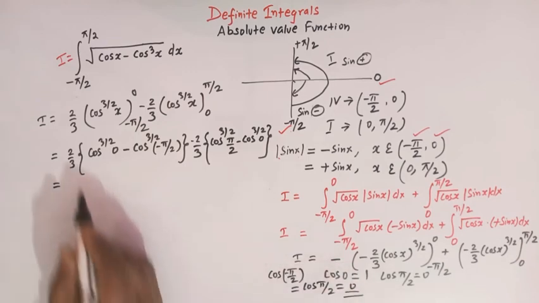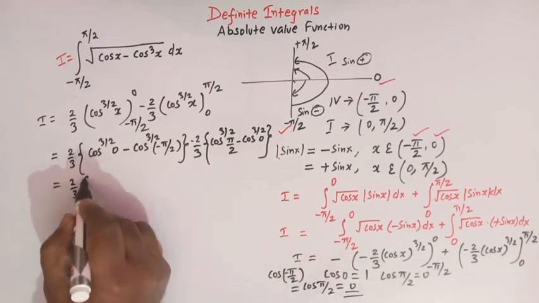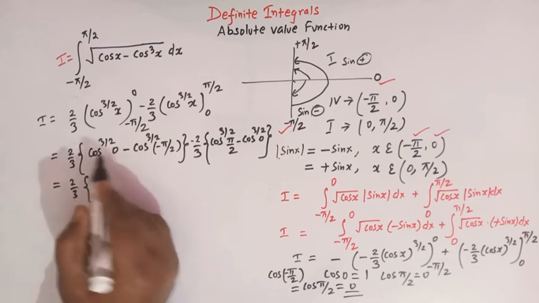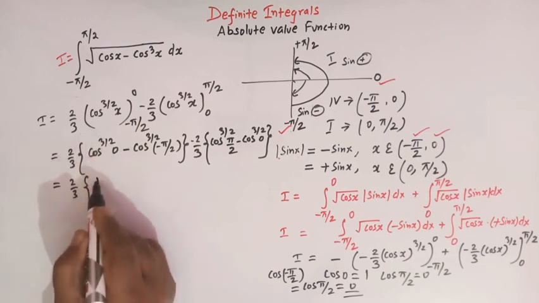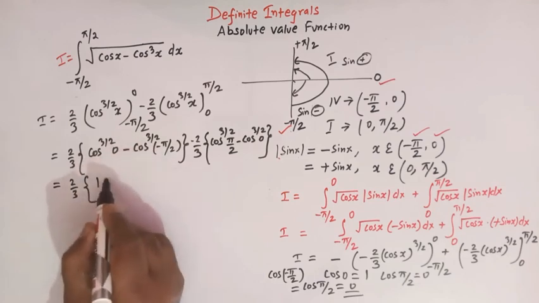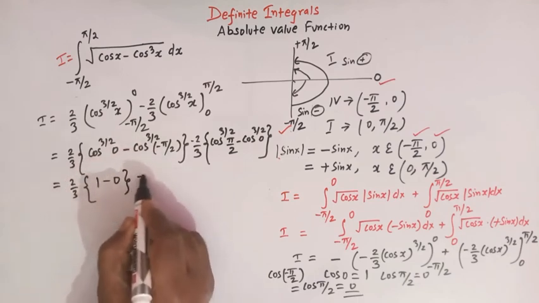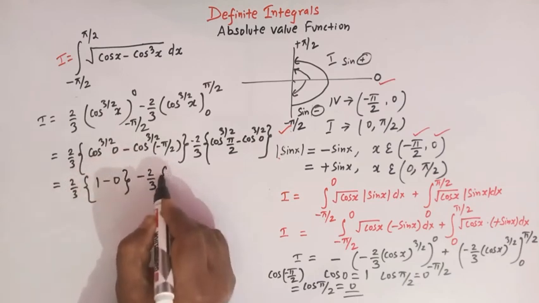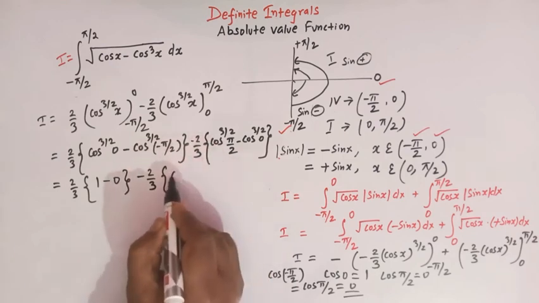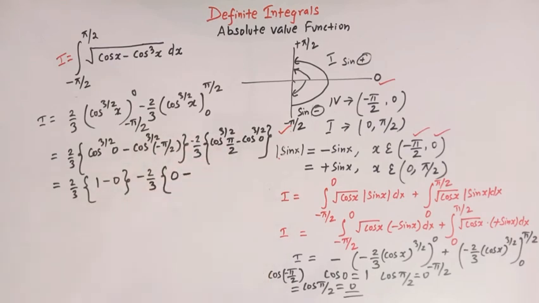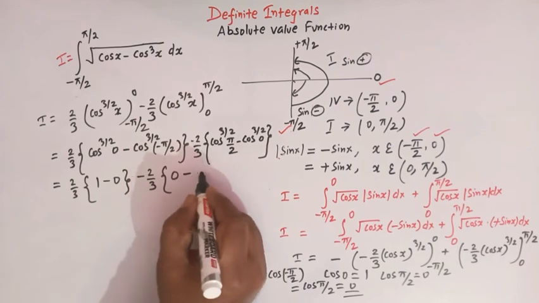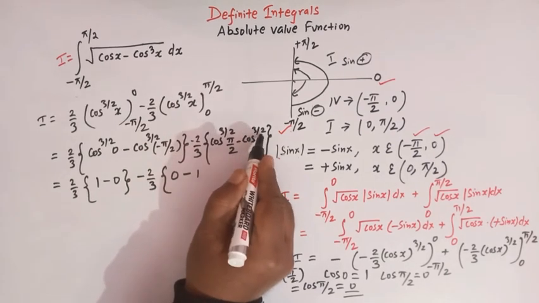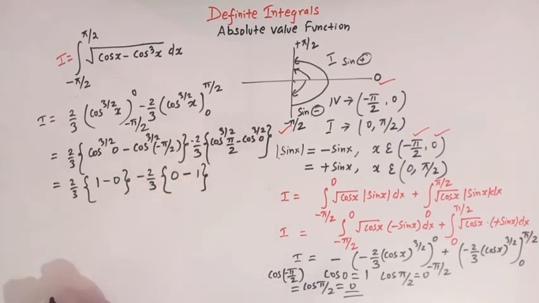right? So here we have 2 over 3, and this is simply 1 raised to 3 over 2, that is 1, and this term becomes 0, and here we have minus 2 over 3, this term is 0, and here we have 1 raised to 3 over 2, that is simply 1, right?